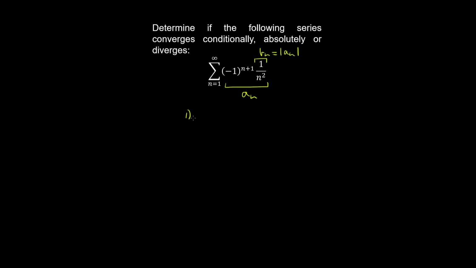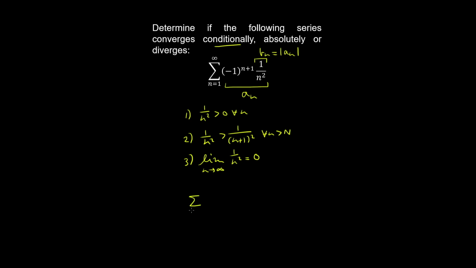And now using the alternating series test, we can see that 1 on n squared is greater than 0 for all n, and the current terms in the series are always greater than the next terms in the series, for all n greater than some integer. And we also have the limit as n goes to infinity of 1 on n squared equal to 0. So the series satisfies the check for conditional convergence.